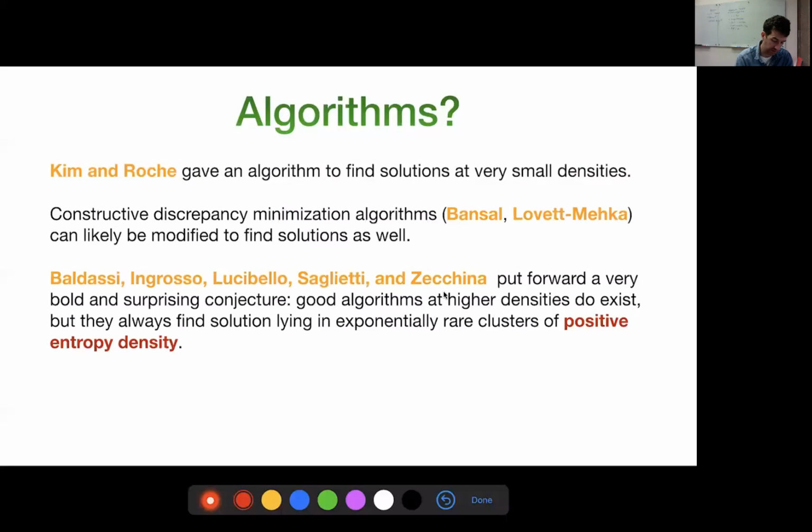But what this conjecture is saying is that this is actually not telling us the important algorithmic information, and exponentially rare parts of the equilibrium picture are actually what matter for algorithms. And so I find this a really fascinating and somewhat frightening conjecture. It means that a lot of the work that we've been doing as mathematicians might not be related to algorithms at all. And so we really should try to figure out if they are correct here or not.